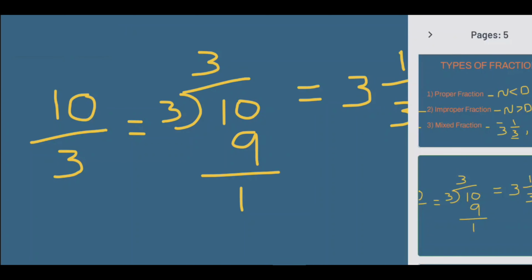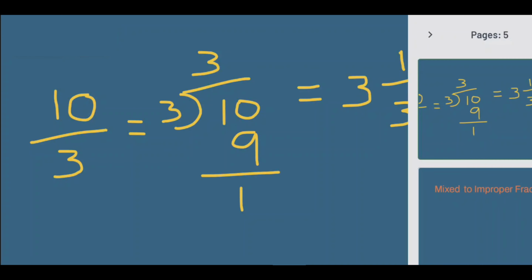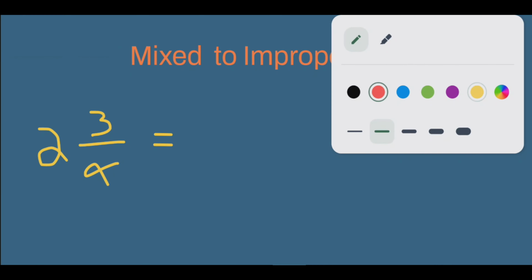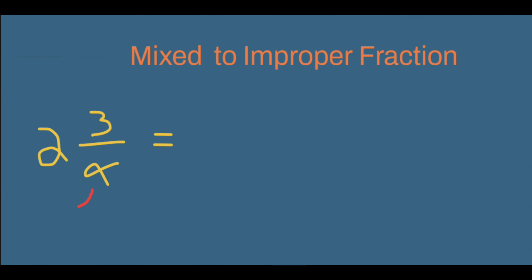Next we are going into the conversion of a mixed fraction into an improper fraction. Let's say I'm having the mixed fraction 2 3 over 4. To convert this one, what we have to do is first multiply the 4 and 2, then add the answer with the 3.